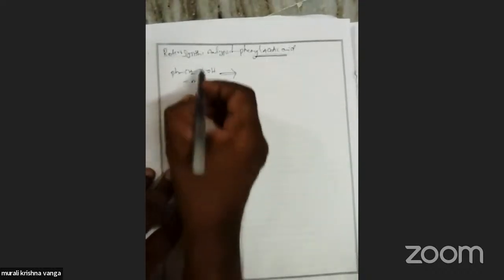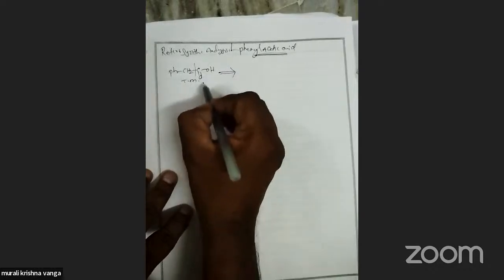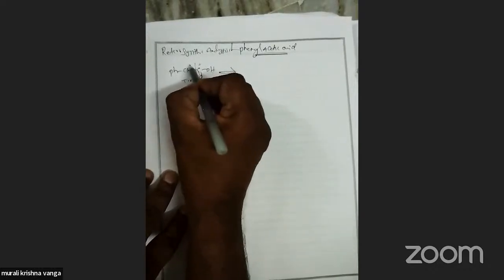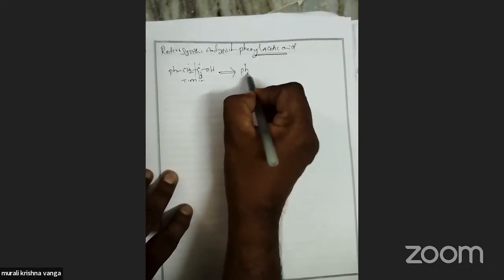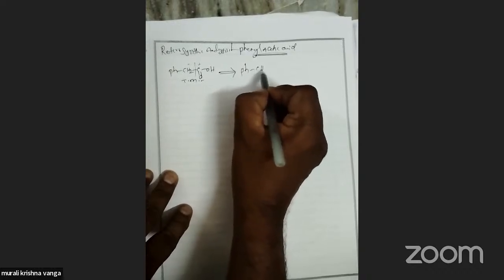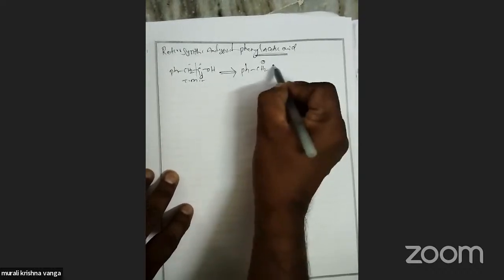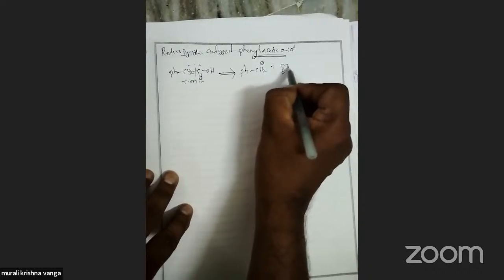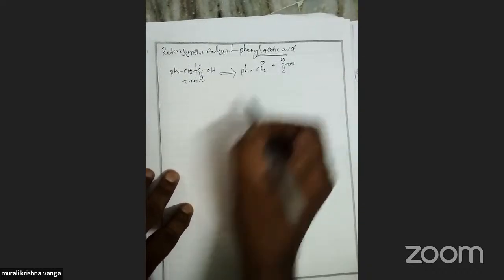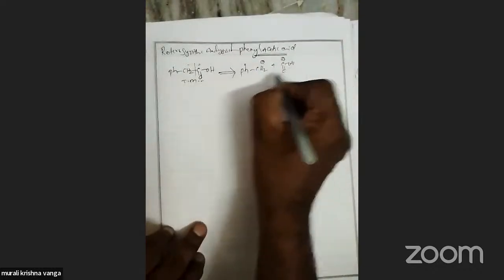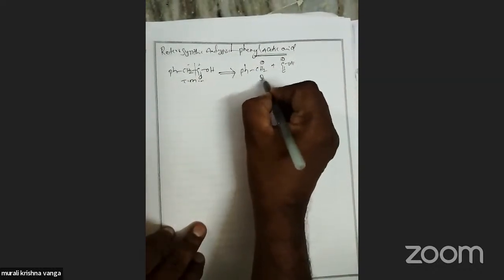First I disconnect this bond here, negative and positive. After disconnection, we get synthons: a negative charge on CH2, and C double bond O OH with a positive charge. These are the synthons.